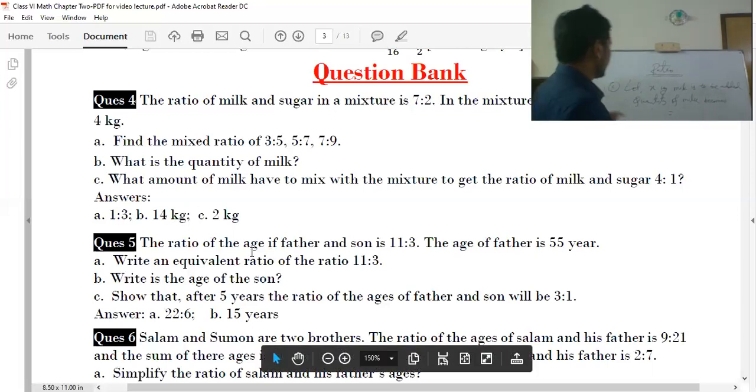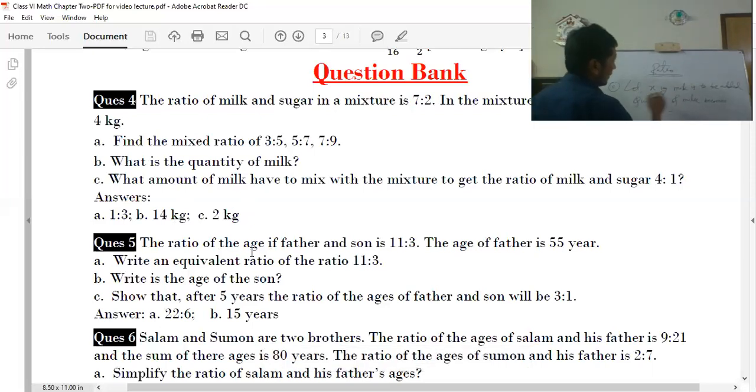Since x kg milk is to be added, the total quantity will be 14 plus x kg. From part B, you know there was 14 kg milk in this mixture. Now x kg is to be added, so total milk will be 14 plus x kg.